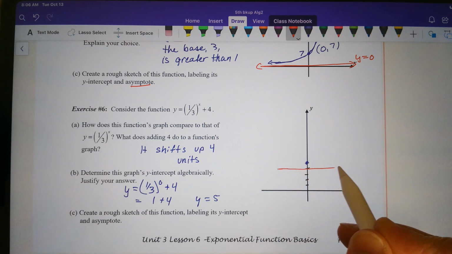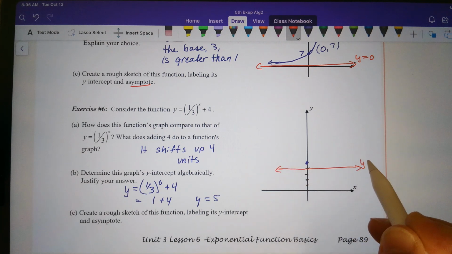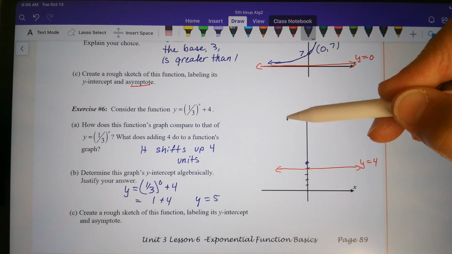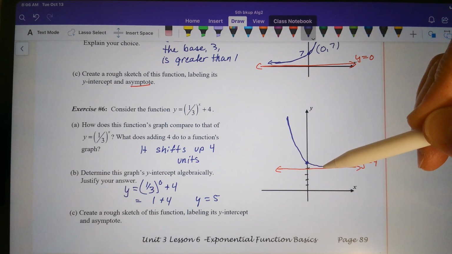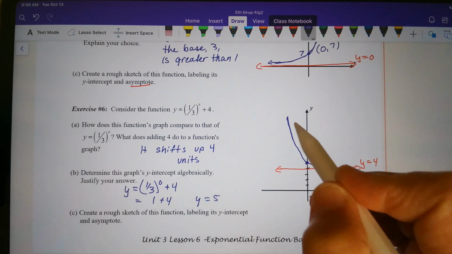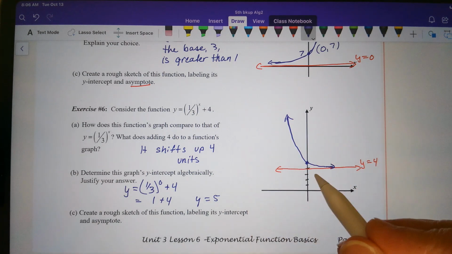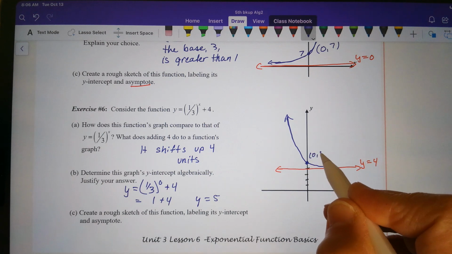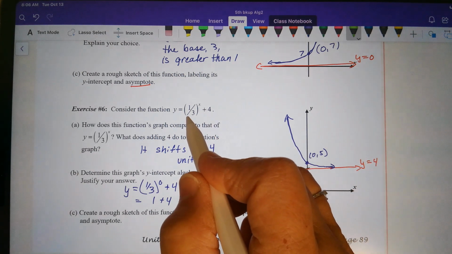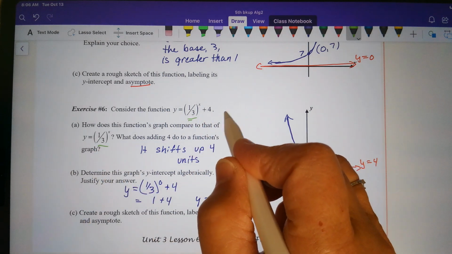This is our horizontal asymptote, which is y equals 4. So as x goes to positive infinity, y approaches 4. And our y-intercept was 5. And we knew that by these bases, these were decreasing.